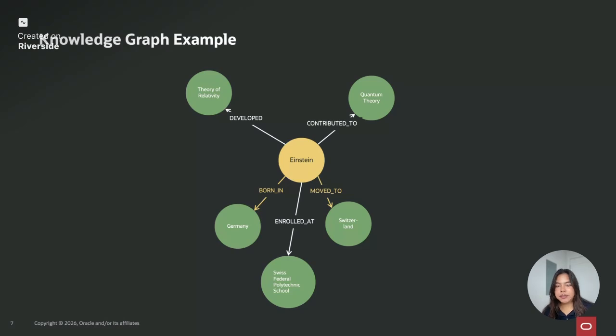In RDF graphs, you'd assign formal ontological meaning to those. So the fact that he was born in Germany can give us more semantic meaning on the German culture. The fact that he moved to Switzerland can give us more enrichment in the Switzerland culture, etc.